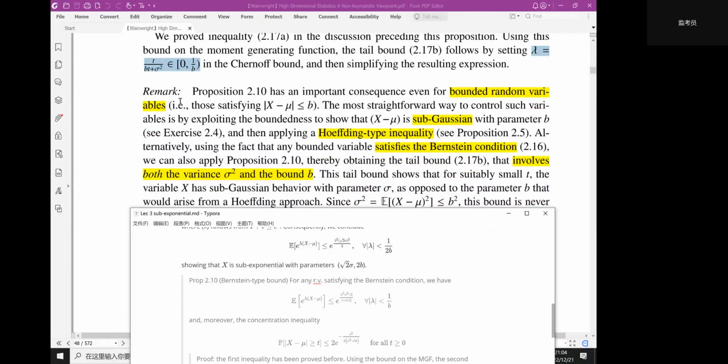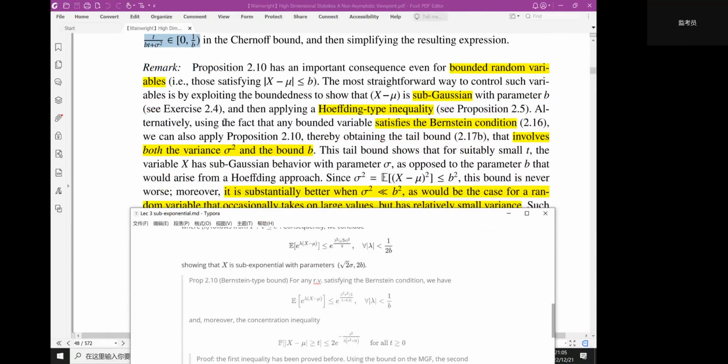And here's the remark. This proposition shows that for bounded random variables, we have different ways to get different types of tail bounds.